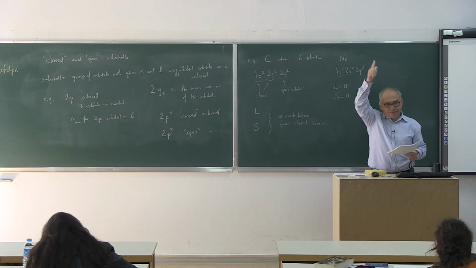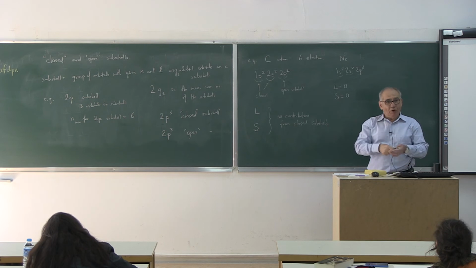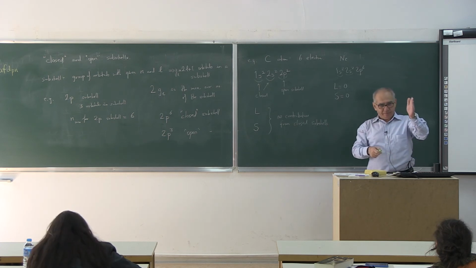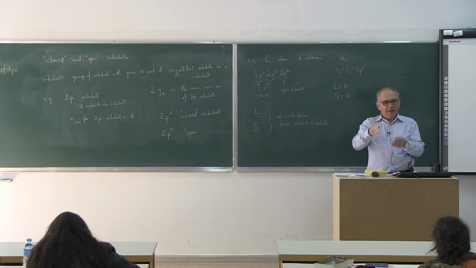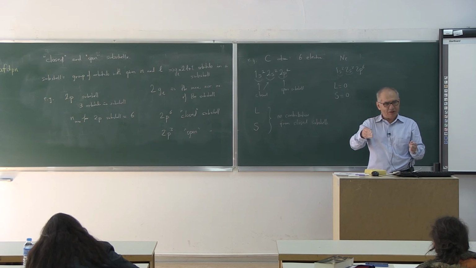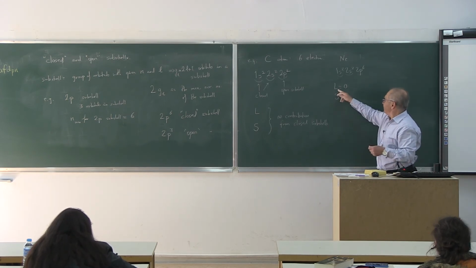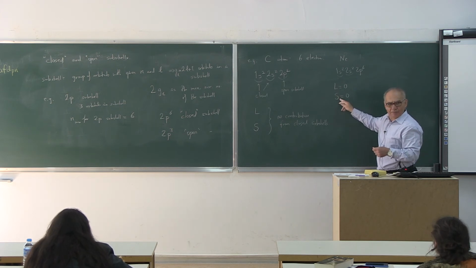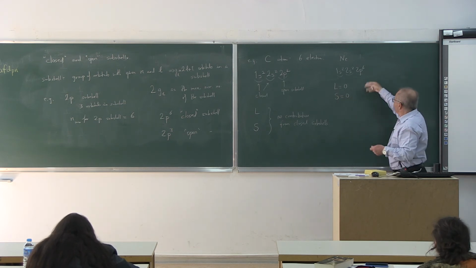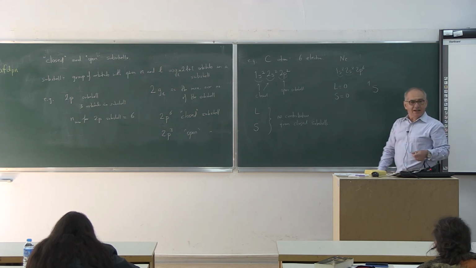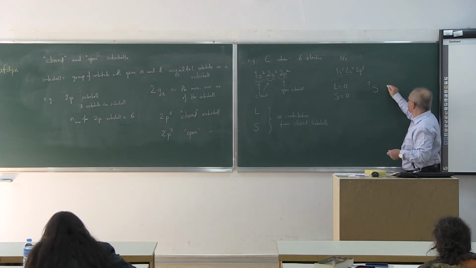So any noble gas in the periodic table have closed subshells in the electron configuration. Therefore, all of them have L equals 0, S equals 0, or in terms of the term symbol, S, singlet S term symbols.